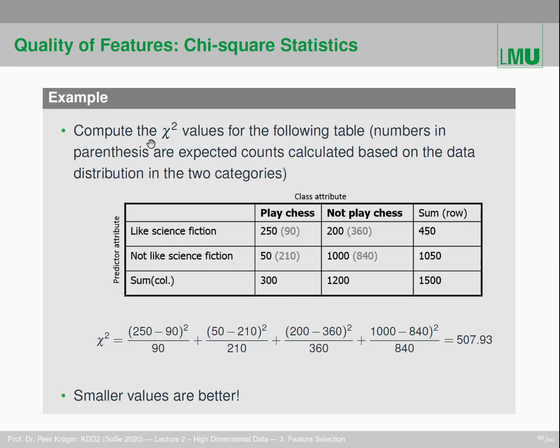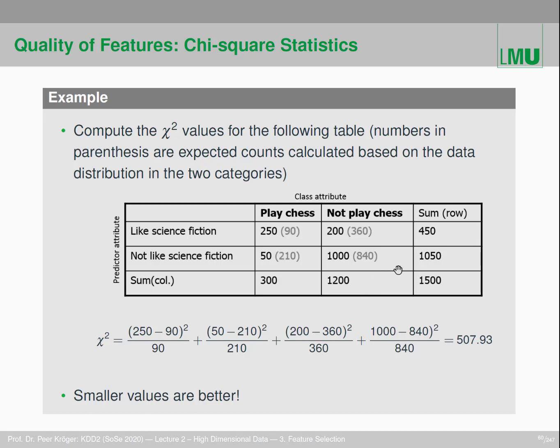So here's an example. We compute the chi-squared values for the tables we had before. The numbers in the parentheses are the expected counts. Okay, so we talked about that before. We have a class distribution here in summary of 20% and 80%. So 20% of all the persons in our training set, which are 1,500, play chess. 300 of 1,500 are 20%, and 1,200 are 80%.